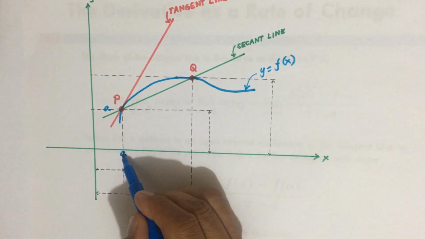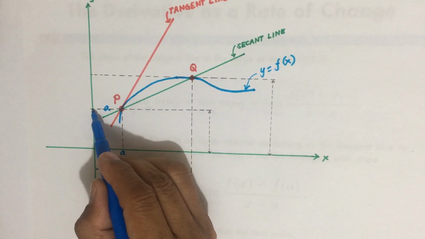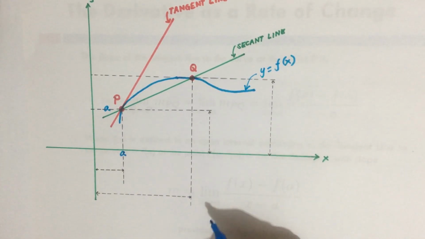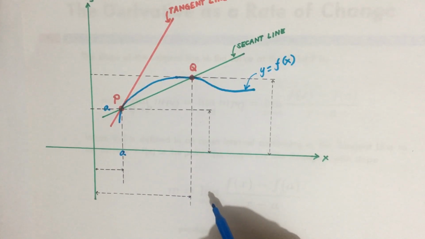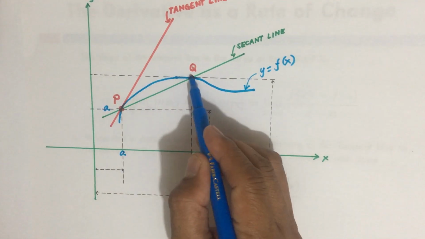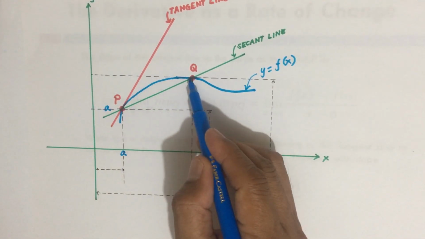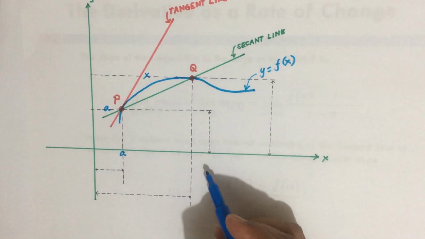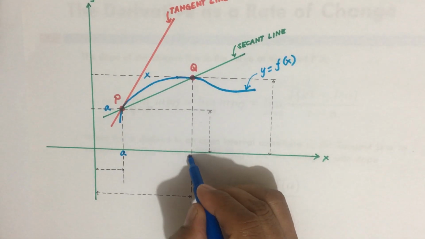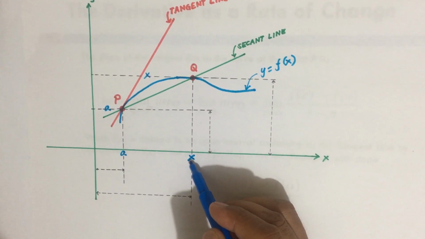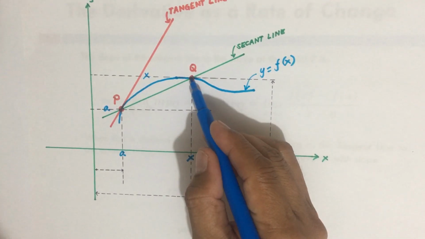This a is the distance from the y-axis towards point P. Similarly, if we let the distance from the y-axis to point Q equal x, we can also put x here. That indicates that x here is the abscissa of point Q.